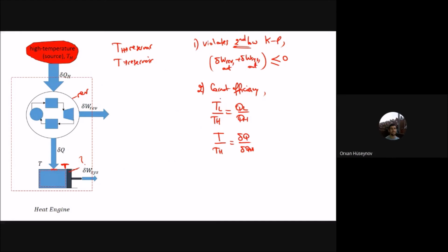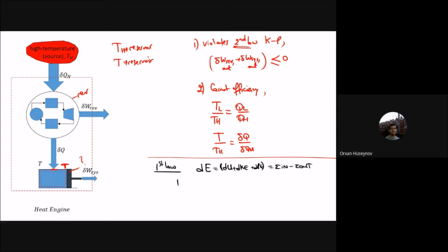Now I have this second rule. I will use these important rules in my derivation. But before that, let me write the first law for that cycle. The first law says that the changing energy of the system, the total energy dE, which means du plus d kinetic energy plus d potential energy, will be equal to in minus out.